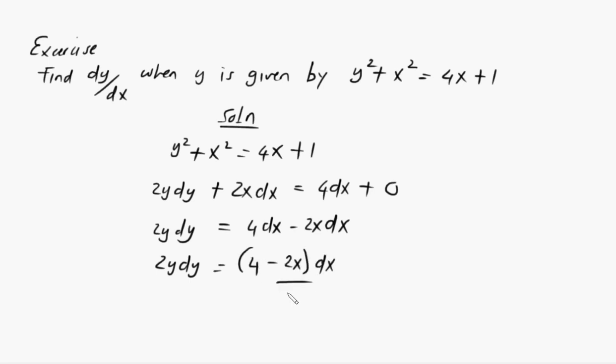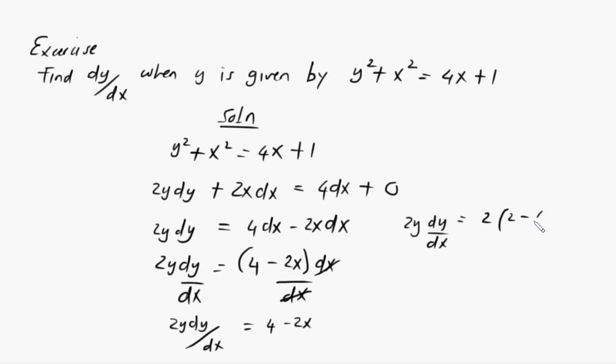So I just divide by dx here because I'm looking for dy/dx. You can see dy/dx there. So my 2y dy/dx is just going to be equal to 4 minus 2x. On your side, factoring out 2 just means 2 minus x.